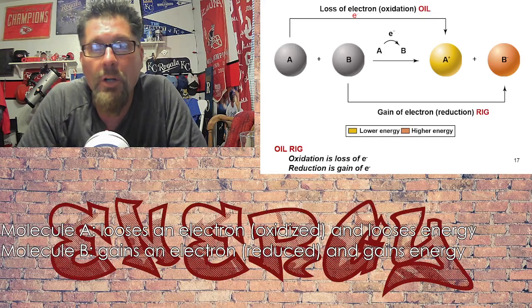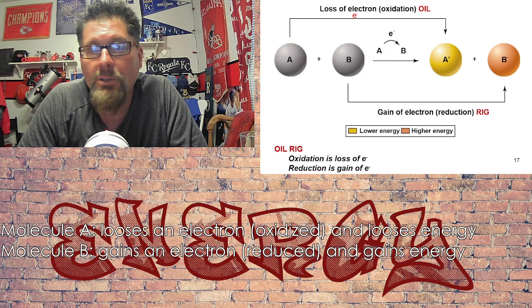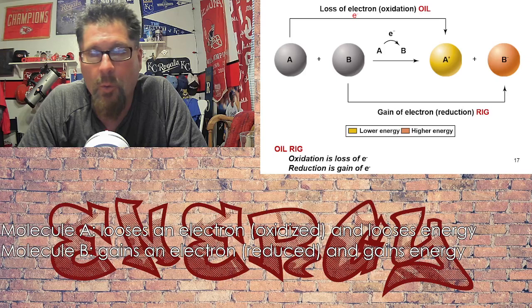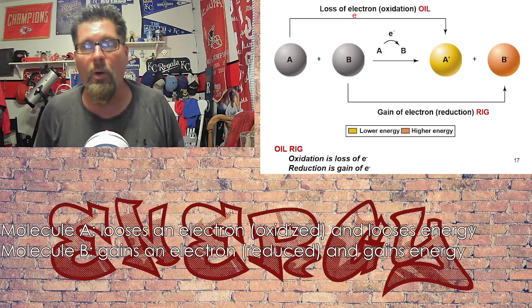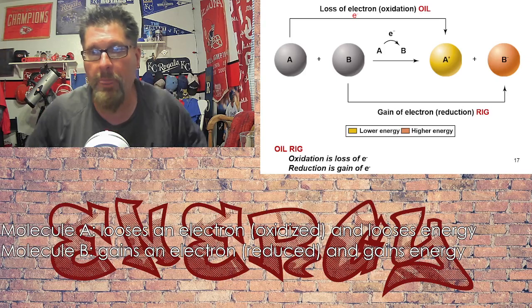Alright, so continuing our talk about redox reaction, what you're looking at is the diagram beside me here. It's a before and after. The gray circles, that's the before, and the yellow and the orange, that's the after.